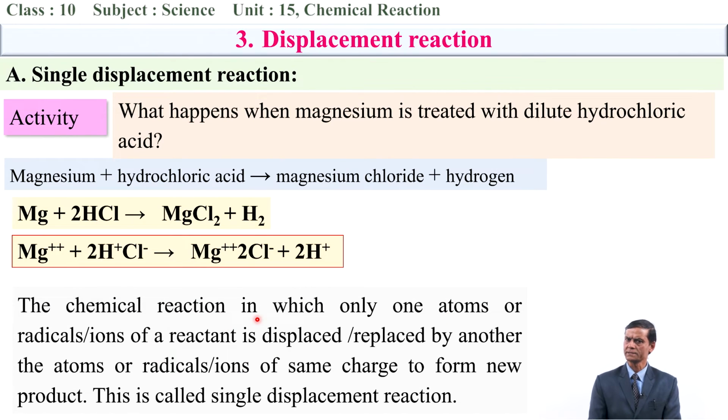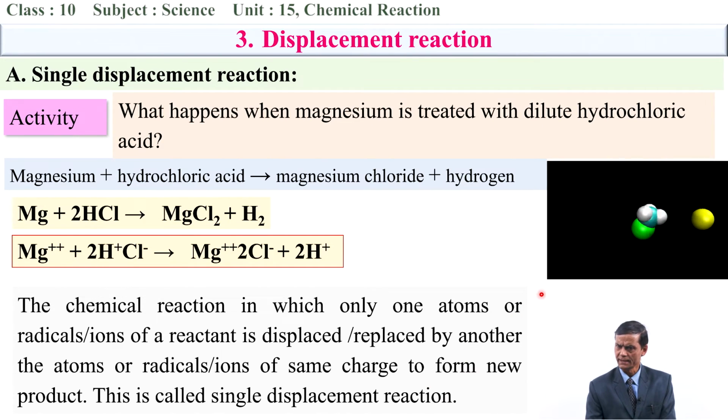The chemical reaction in which only one atom or radical or ion of a reactant is displaced by another atom or radical or ion, which possesses the same charge. Suppose positive is displaced by positive. Similarly, negative can also be displaced by negative charge to form a new product. This is called single displacement reaction.